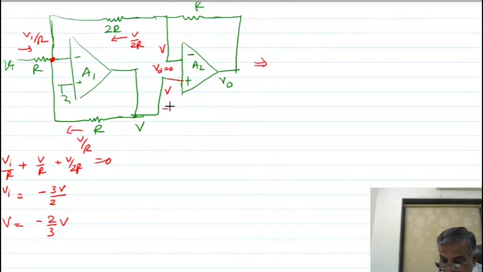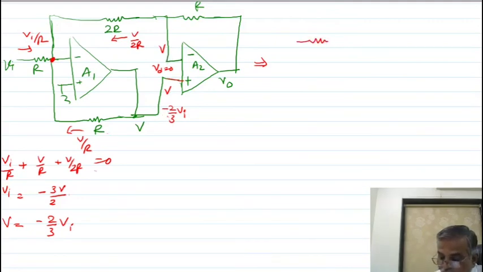I have written V as minus 2 by 3 into Vi. By this we have derived it this way: this current plus this current plus this current is 0. So from Vi I can get V. Now that we have it, let us draw this circuit.